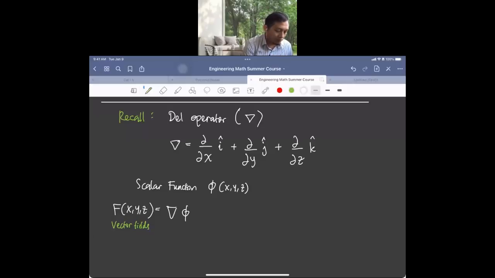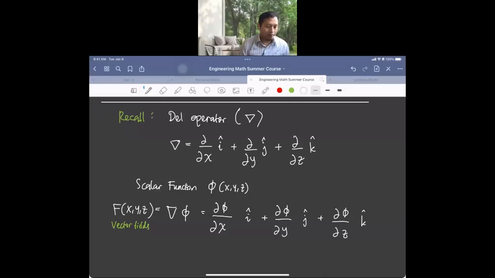So we can write down that this becomes the partial x of this scalar function in the x-axis, and so on. Let me write it more cleanly. Okay, so that is a vector field.